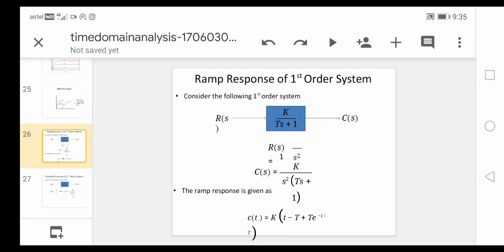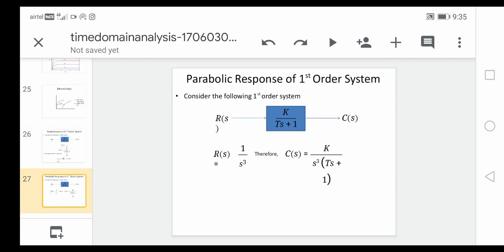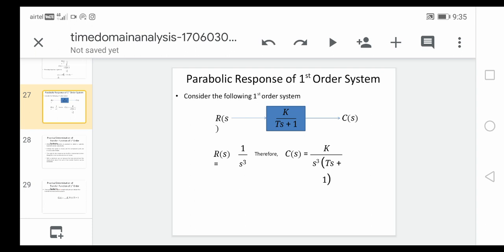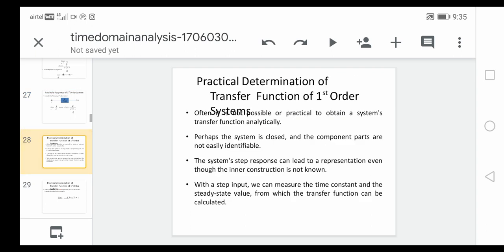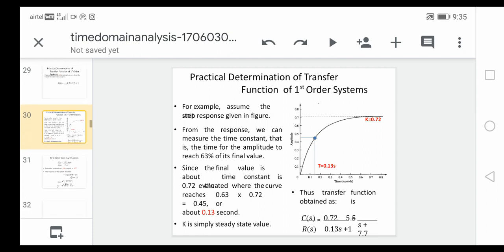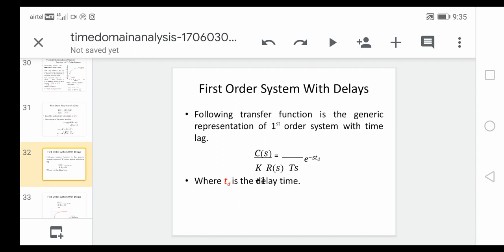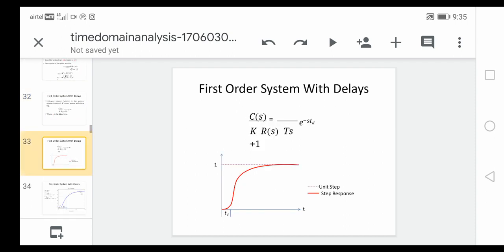For the ramp signal also, you just substitute 1 by s square, then C of s is equal to k divided by Ts plus 1 into 1 by s square. Again you need to apply partial fractions, and finally you get an equation, that is C of t, which you need to find out.